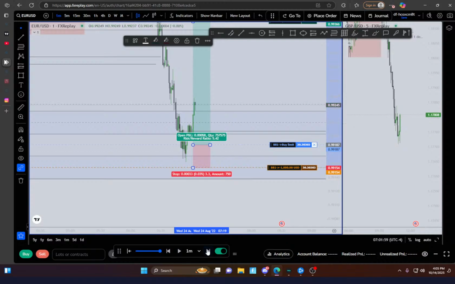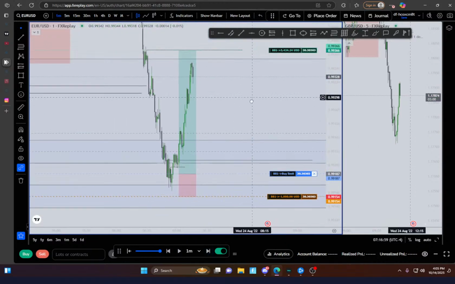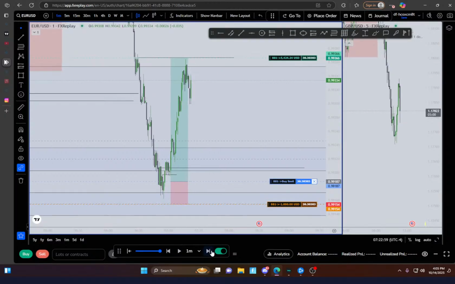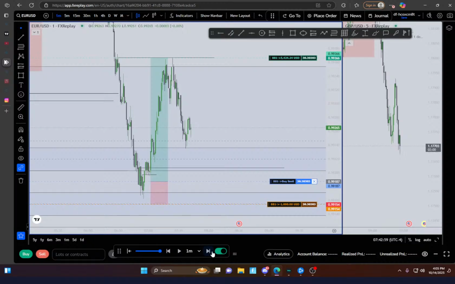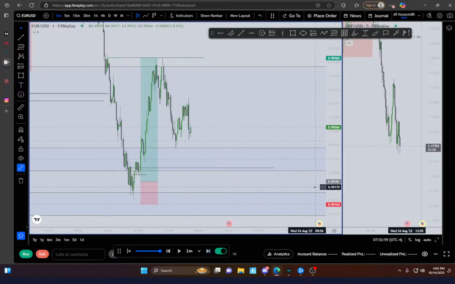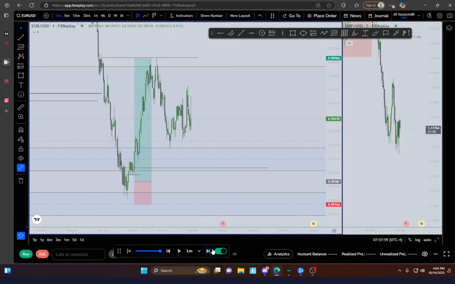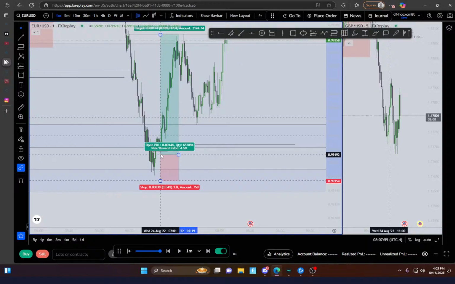Let's see if we get tagged. No, it just runs up. So rookie mistake. Let's take this limit off because I don't know if it's gonna be valid anymore. Yeah, so rookie mistake. This would have been the correct entry.